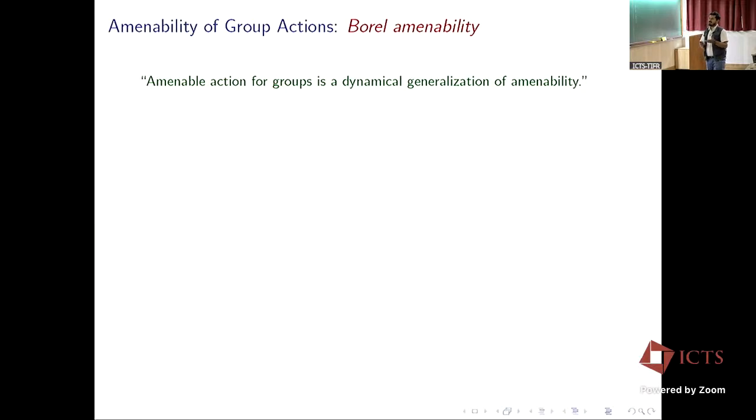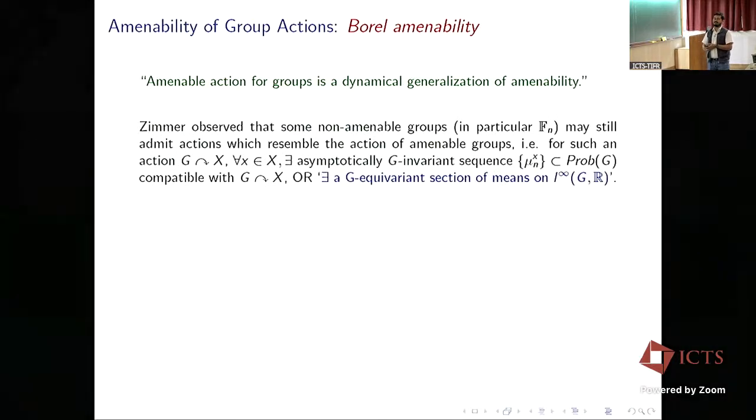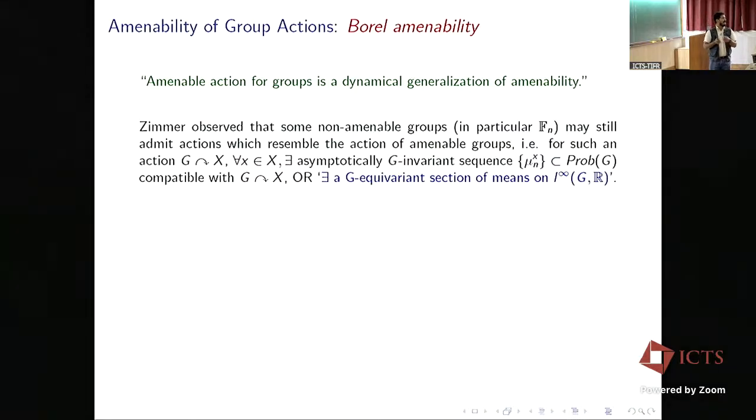Since we are now looking at action and trying to define some version of amenability, it's a dynamical generalization we can think of. And Zimmer observed that many non-amenable groups act similar to amenable groups. In which way, I will make that clear in some time.